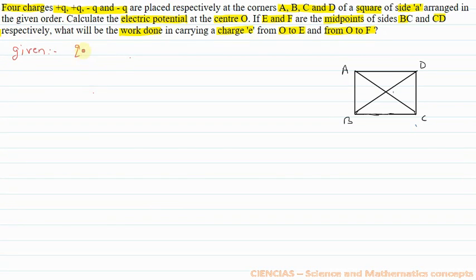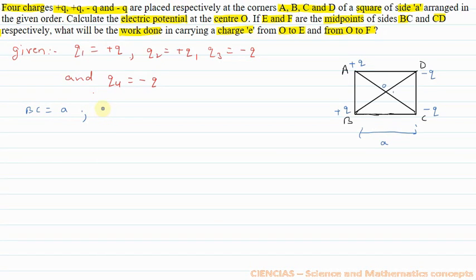We are given Q1 is equal to plus Q, Q2 is equal to plus Q, Q3 is equal to minus Q and Q4 is also equal to minus Q. Now in the diagram we have square ABCD of side a and this is center O. Then at A charge is Q1, that is plus Q, at B charge is plus Q, at C charge is minus Q and at D charge is minus Q. Now the side is a, BC is equal to a and CD is equal to a.